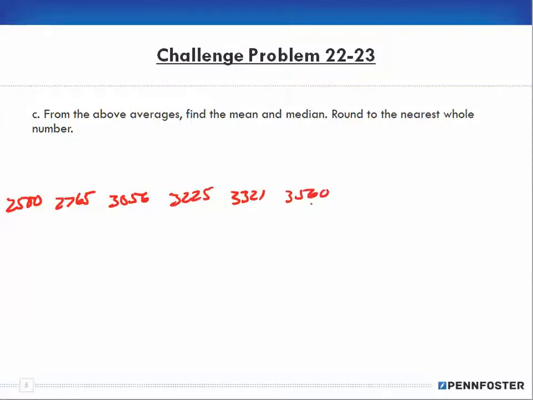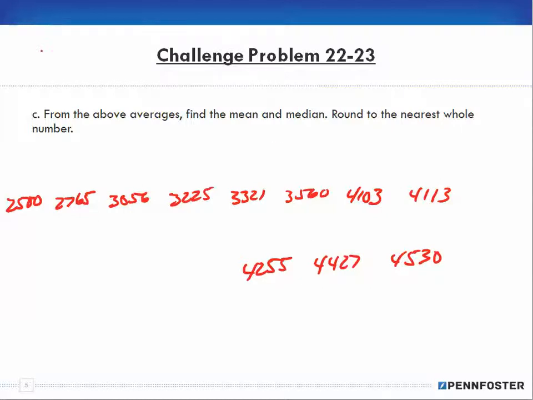So I'm going from lowest to highest. 4103, 4113. And I'm going to go on to the next line here because I don't have enough space. 4255, 4427, and 4530.